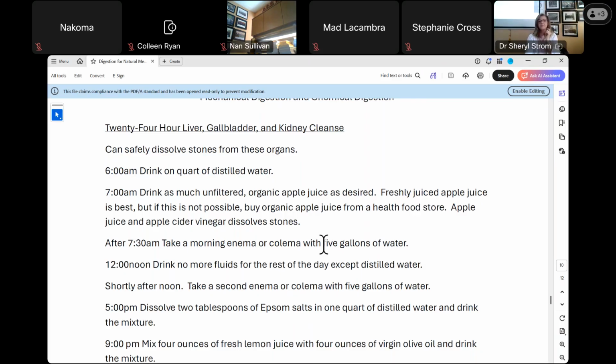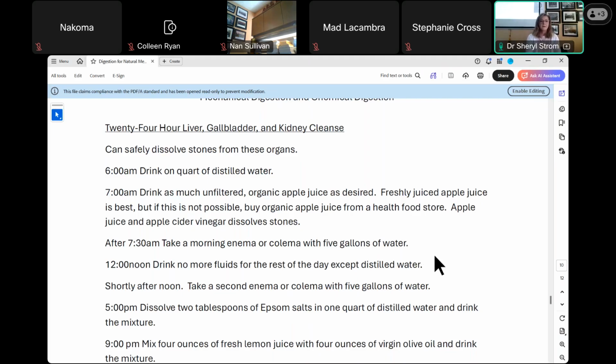But you can say up to 5 gallons of water. It could be, but this was also from Dr. Ellen Tart Jensen. But you want to do it slowly. And if they can't handle the 5 gallons, use your critical thinking and adjust it for them.